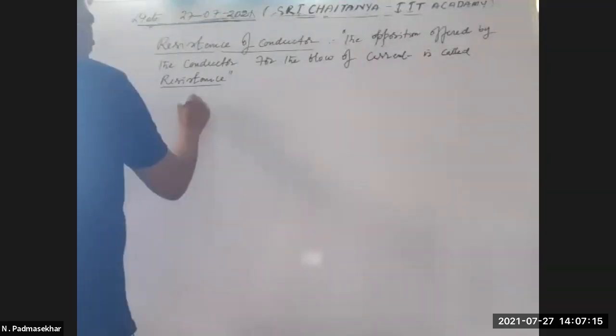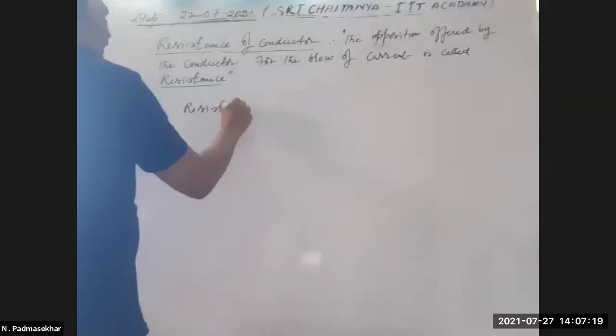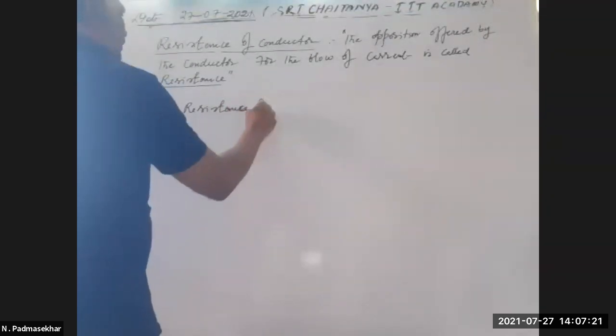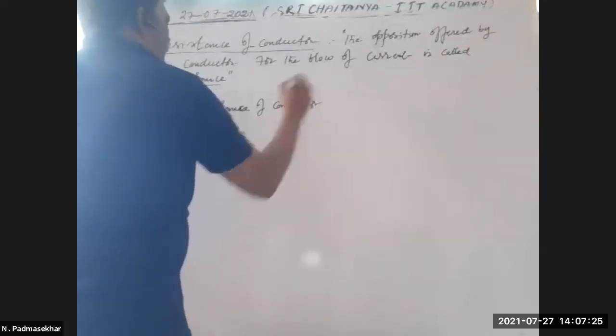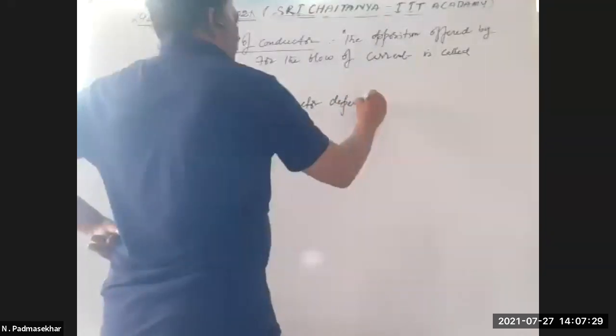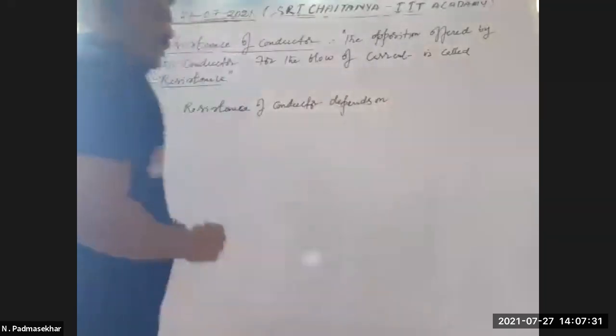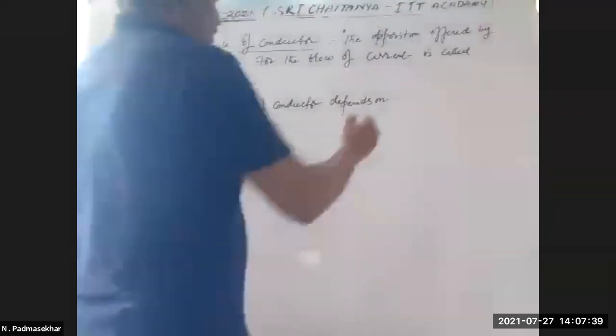See, resistance of a conductor depends on, so conductor resistance దేని మీద డిపెండ్ అవుతుంది? So depends on length and area of the cross section.